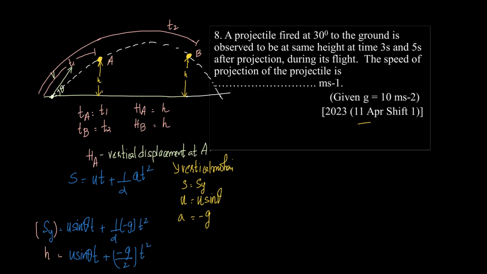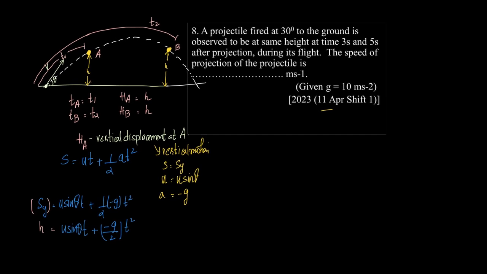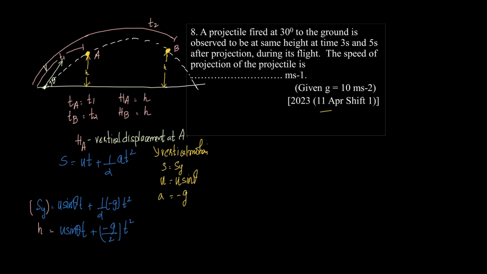Now let me rearrange this equation in the form of a proper quadratic, which would look like g by 2 into t square minus u sine theta into t plus h is equal to 0.